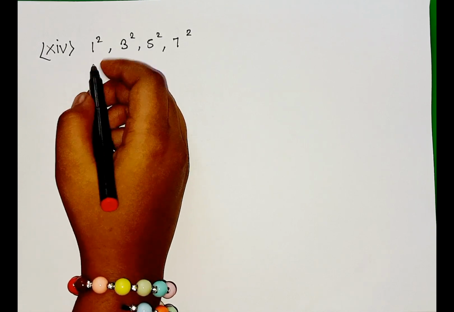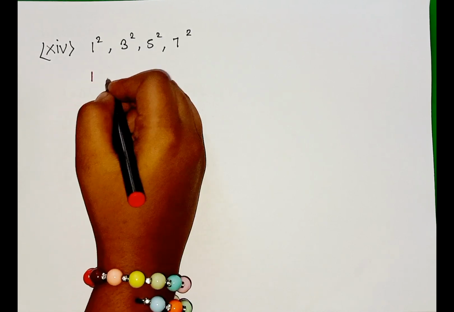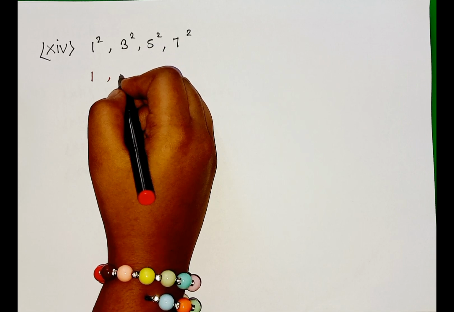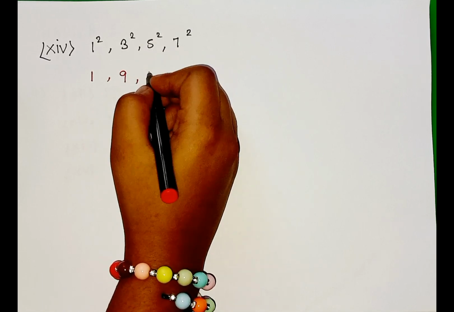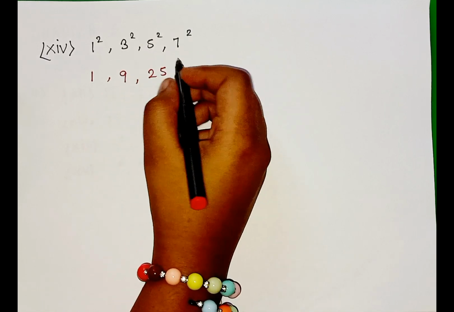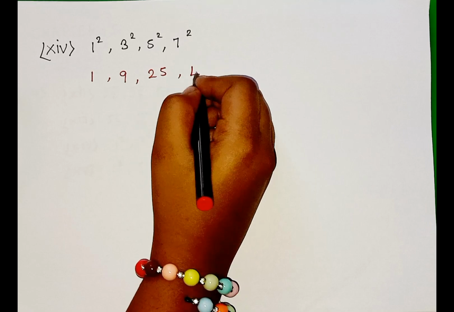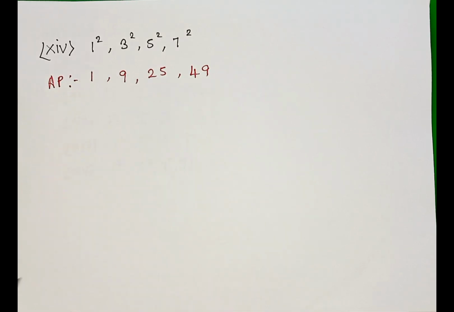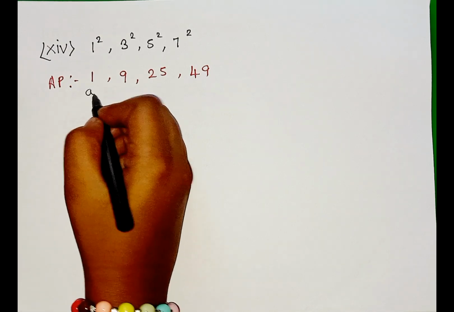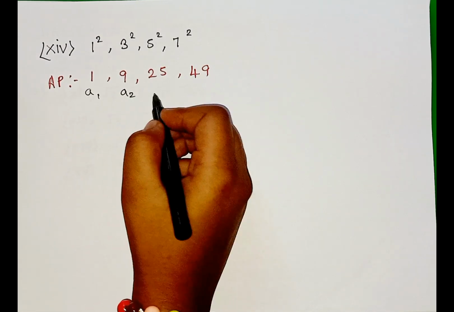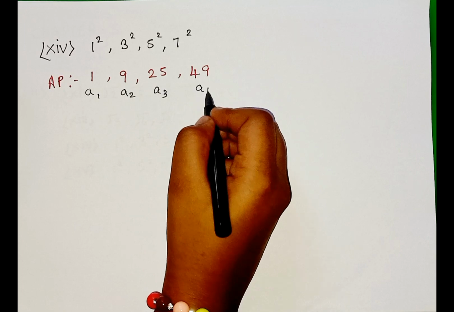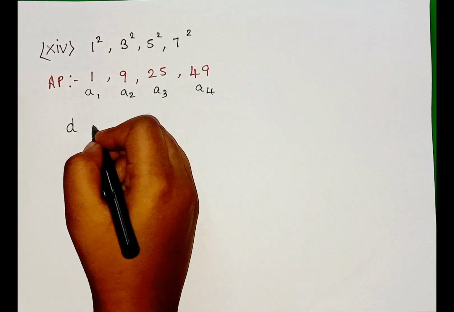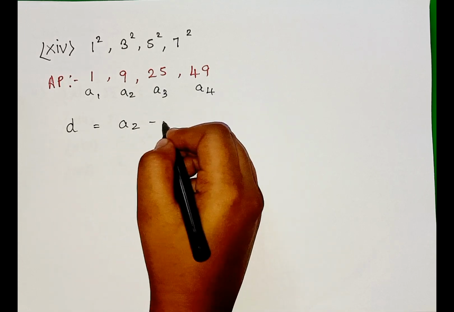So 1 into 1 is 1, comma 3 into 3 is 9, 5 into 5 is 25, comma 7 into 7 is 49. So this is going to be your AP. Perfect. This is our A1 value, this is our A2 value, A3 value, A4 value. So now let's find the D. A2 minus A1.